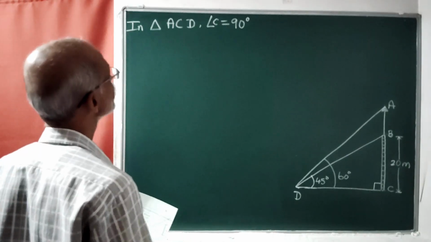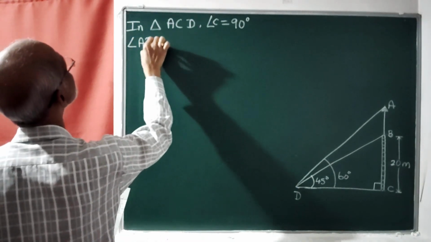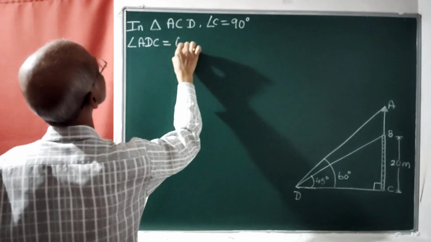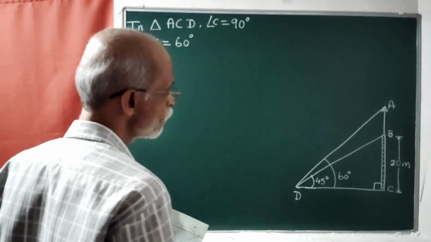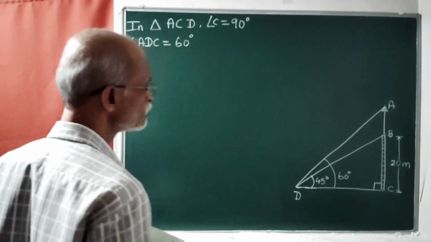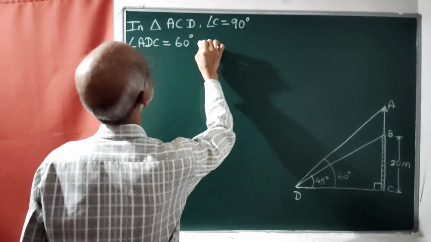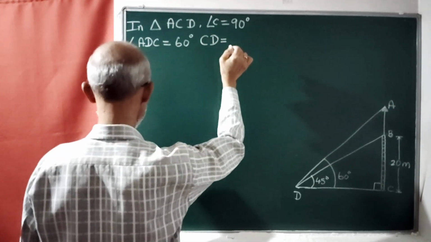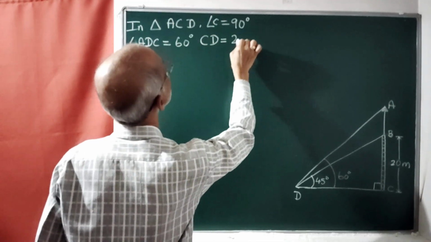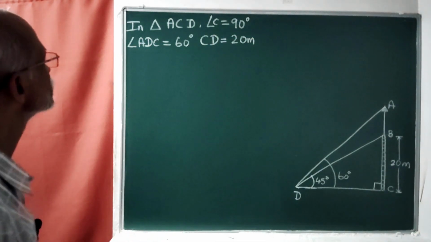Angle ADC is equal to 60 degrees. And CD we have found to be 20 meters.